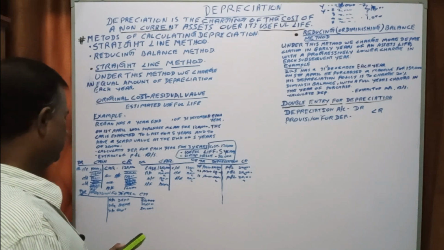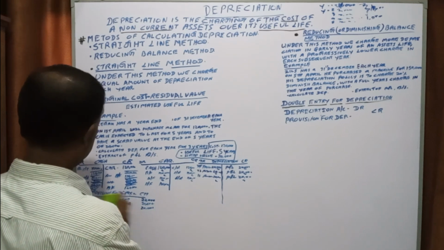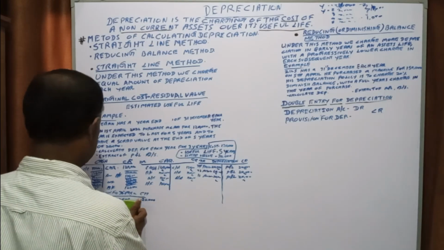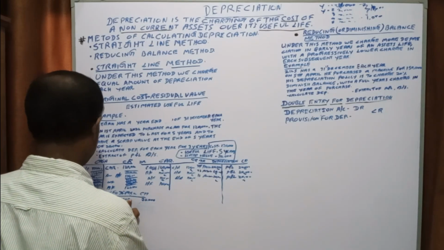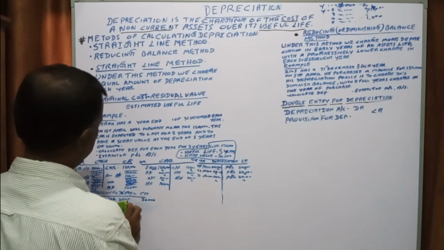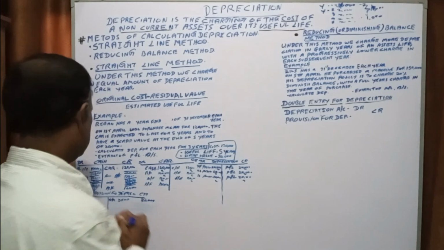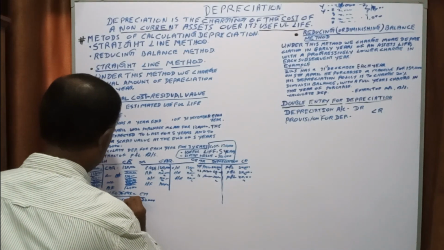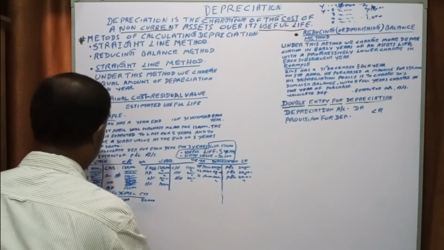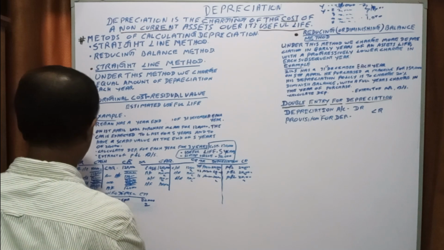But for provision for depreciation, of course, we have to carry down balances, right? So here we have to shift it down. I am not altering anything. Just shifting the matters down.